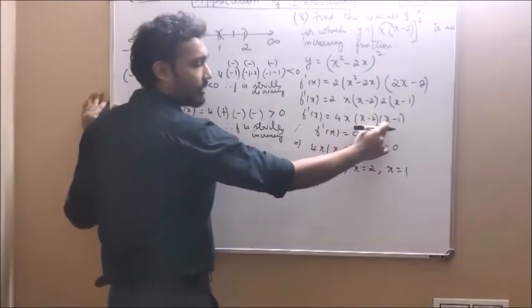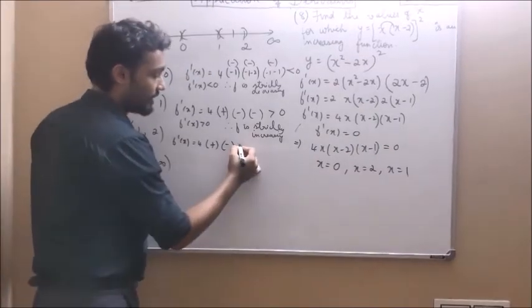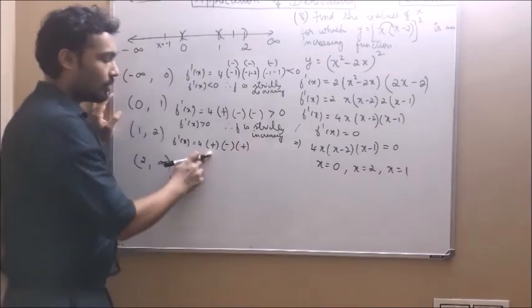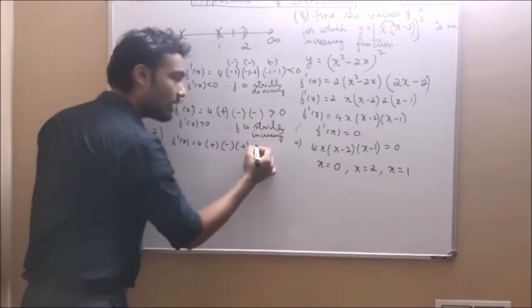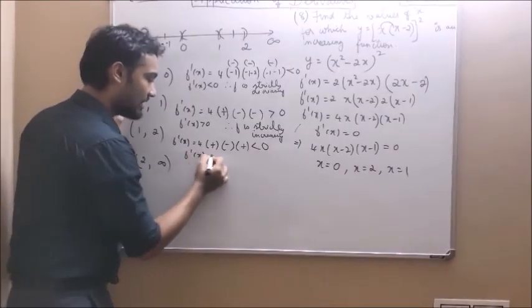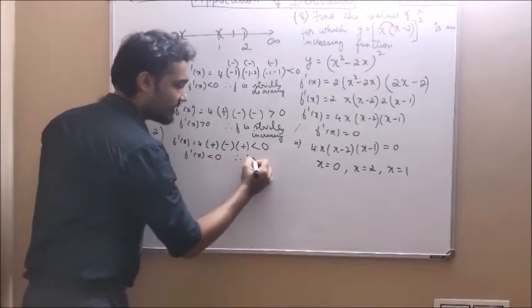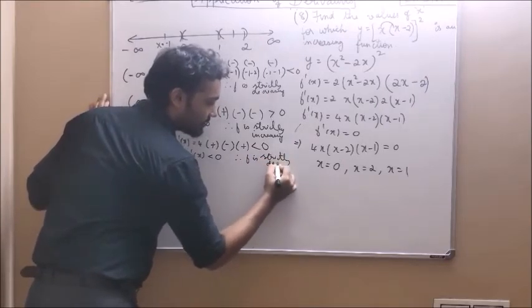Next, 1.5 minus 1 is positive 0.5, so it is positive. Plus into minus is minus, and minus into plus is minus. So it is negative. Therefore f dash of x is less than 0, and so f is strictly decreasing.